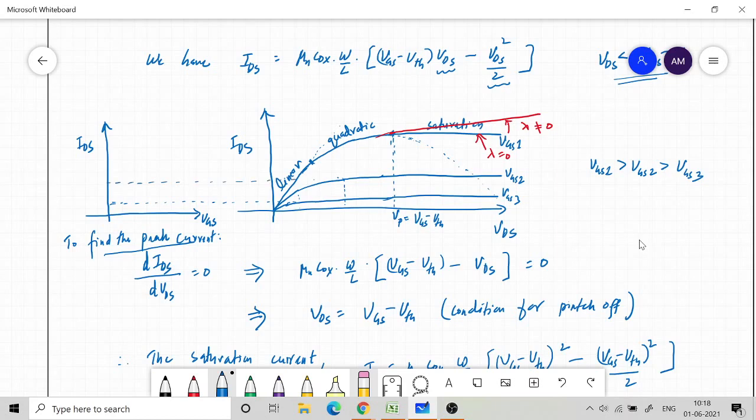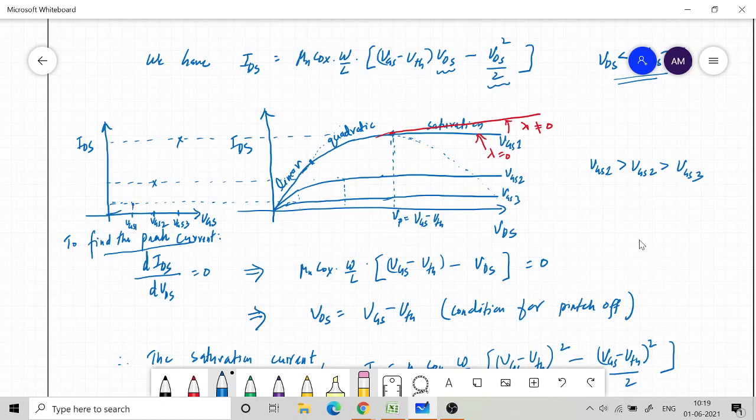Okay, this is the saturation level, and similarly here I have another saturation current. So we have VGS1 somewhere here, and then we have VGS2, and then we have VGS3. So 3 means here, 2 here.